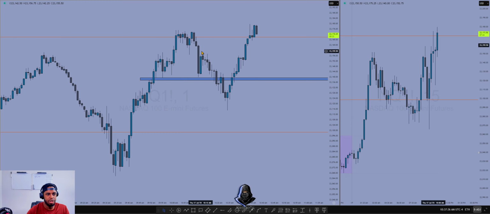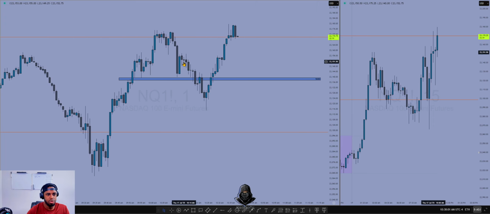Price pushes down, goes below it here, makes confirmation. Price goes into it. Initial stop loss is here, 8 points. Target the low here. That is 16 points. So 1 to 2.